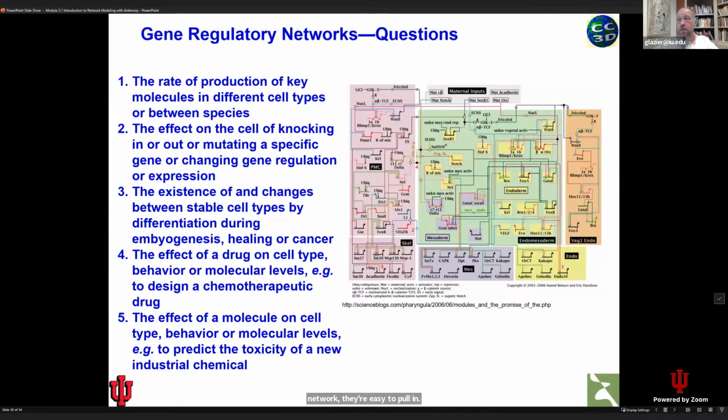Again, one of the problems with gene regulatory networks is that they make it look like everything is happening in terms of promoters and inhibitors of particular genes. But a lot of the turn on and turn off of genes is done not by transcription factors or promoters.